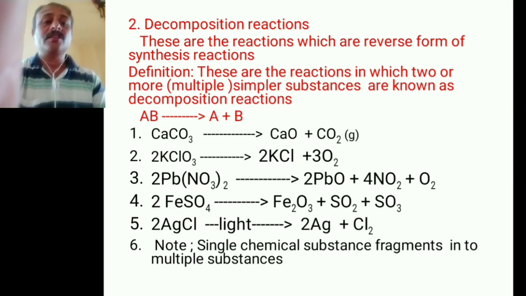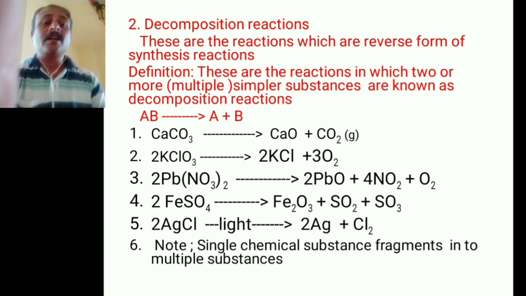So this is another example of decomposition reaction. FeSO4, which is iron sulfate. When iron sulfate is heated, it decomposes, forming Fe2O3, iron oxide, plus sulfur dioxide SO2, plus SO3. So these three different compounds form by the decomposition of FeSO4.